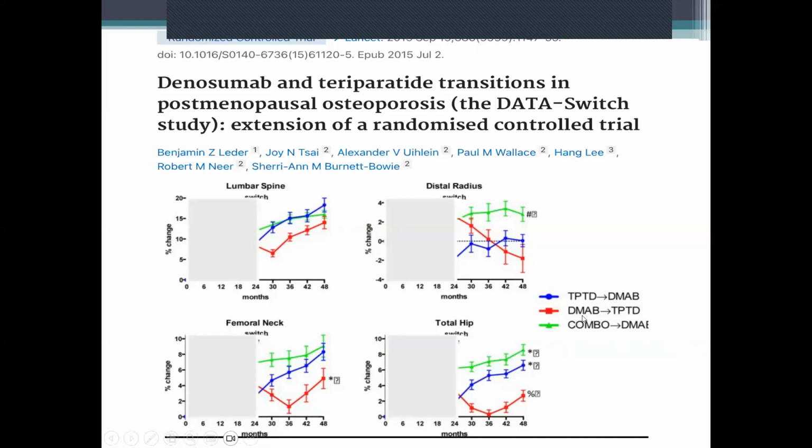Now, when you switch over from denosumab, so patients have completed 24 months of denosumab, and now we are switching them over to teriparatide, you can see there is a decline. So initial decline within 6 months of the bone mineral density, and then it increases after that. And that is worse in the femoral neck and in the hip.